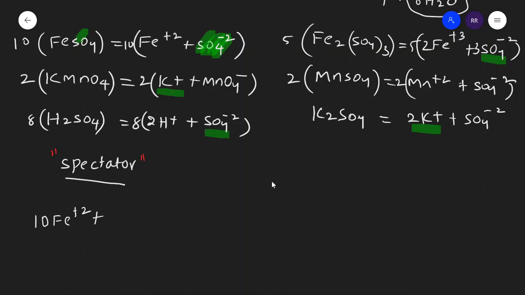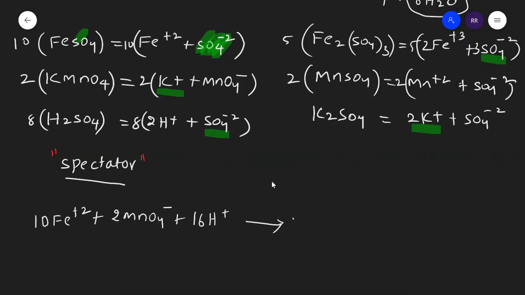Next, I need not write 2 K plus because here K plus is a spectator, that should be removed. 2 MnO4 minus and 8 into 2, 16 H plus. Again, I am not writing SO4 minus 2 as it is a spectator ion. Now, the reactant side is done. We should go for the product side.